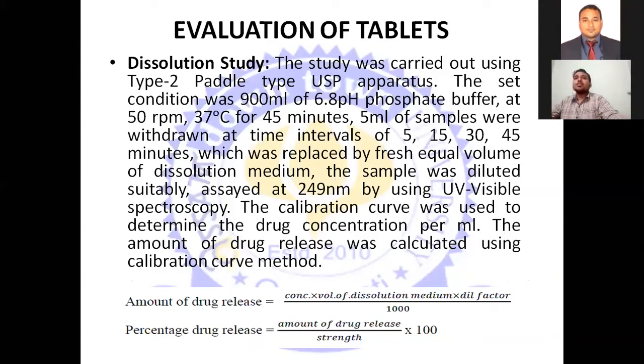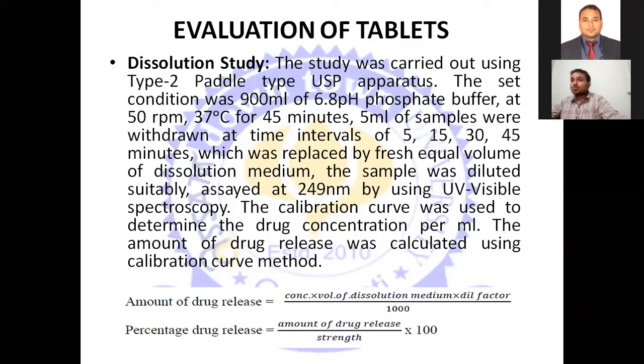There are 6 chambers, and the volume of each chamber is 900 ml. We are taking 900 ml of 6.8 phosphate buffer and using a paddle type USP apparatus.